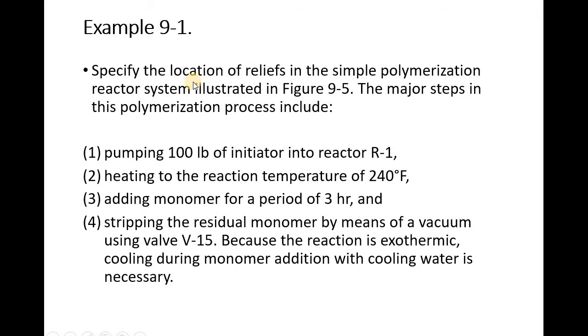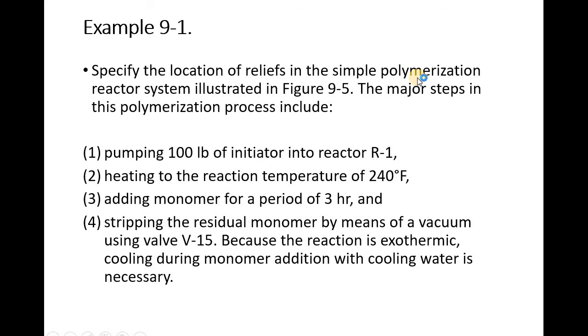Okay, so take an example just to refresh the terminologies that we have taken so far. Where will be the location of the relief valves in a simple polymerization process, which is in the figure below? The major steps include: we are pumping initiator into the reactor, we are heating to the reaction temperature of 240 degrees Fahrenheit, we are adding monomers, when they click and stick to each other, they make our polymer.